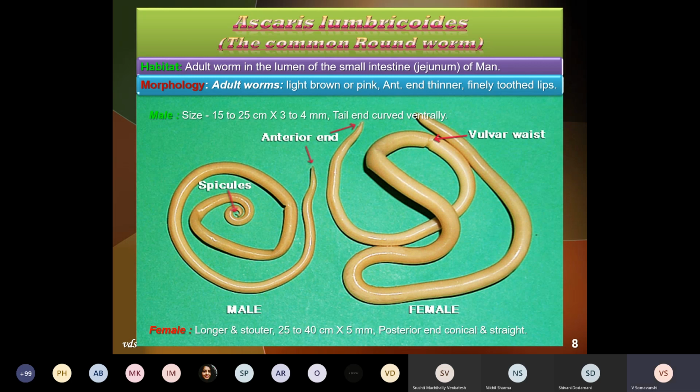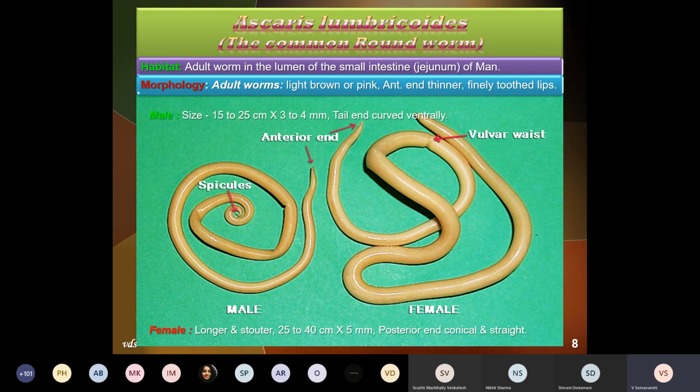Now, the adult worms, as I told you, are present in the lumen of the small intestine, in the jejunum of the human being. The adult worms appear light brown or pink in color when extracted from the human intestine. Later on, they may become whitish or creamy white in color. The anterior end is usually thinner.